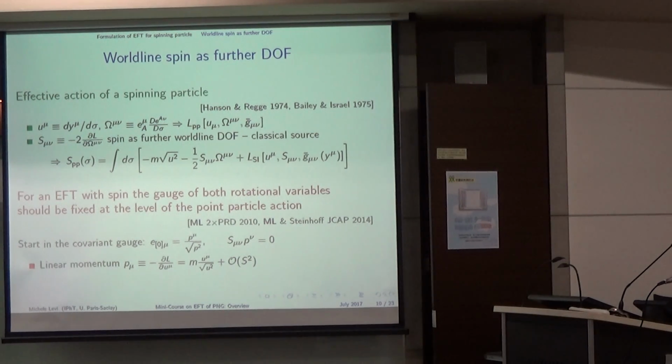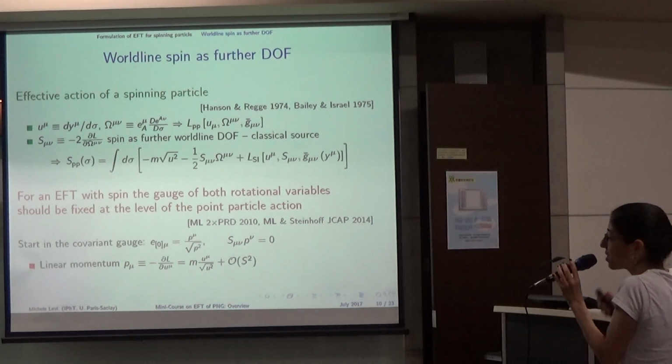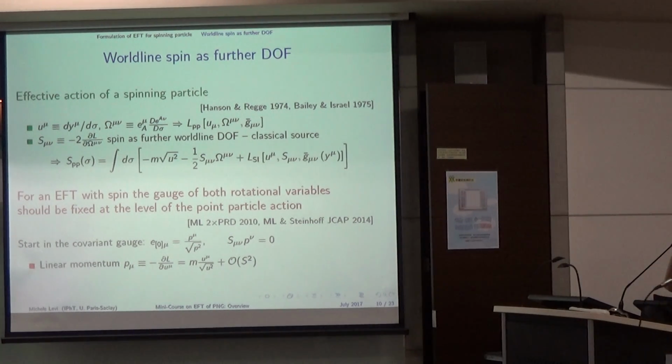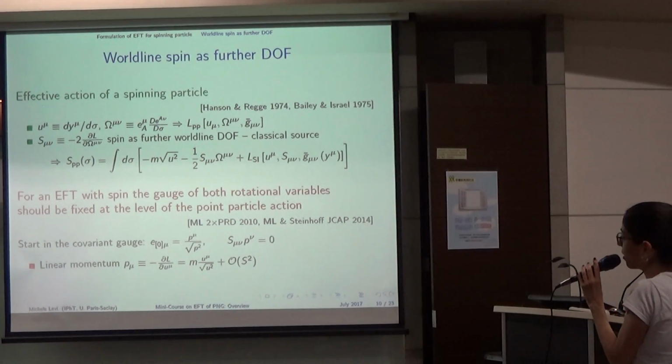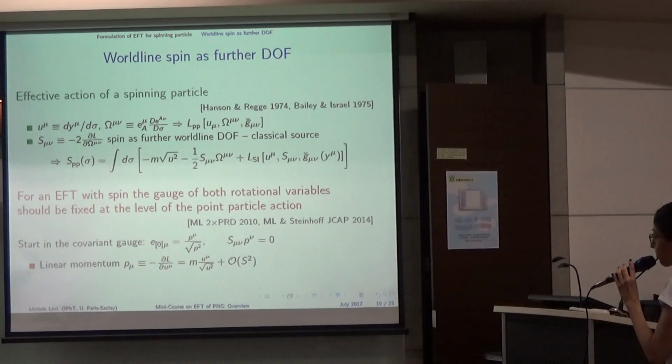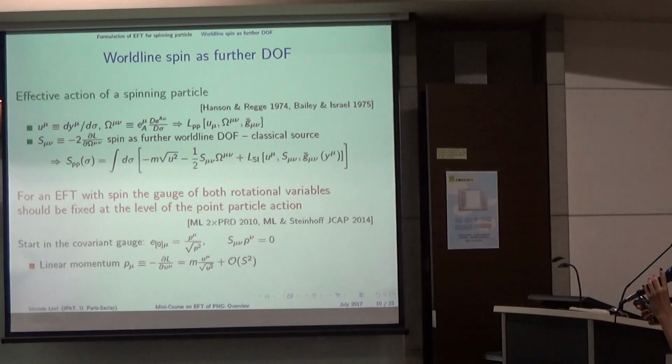This already says something about being in a canonical Hamiltonian kind of area, something related to canonical structure, because we're considering two conjugate degrees of freedom to describe rotation.